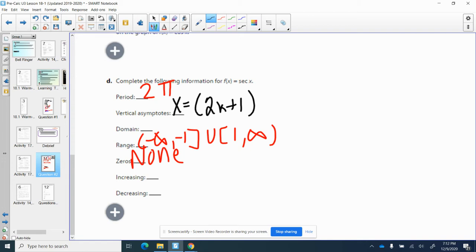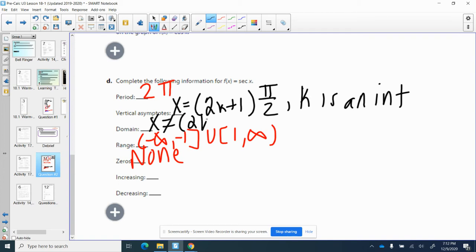This is for an odd value, that fractional value, and k just means it's any integer. And anywhere the vertical asymptotes are occurring, that's where your domain cannot occur because we are going to have undefined points there. Okay.